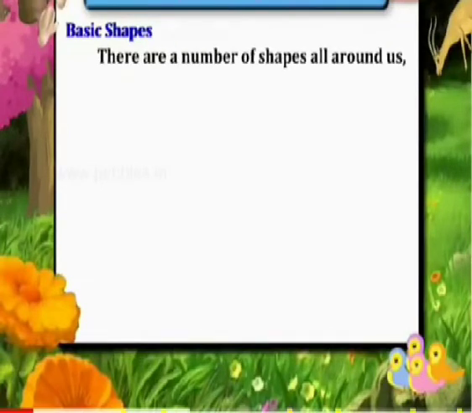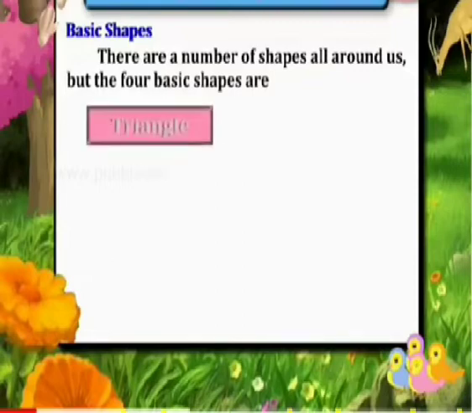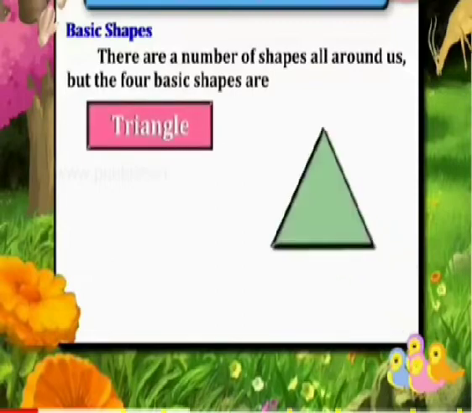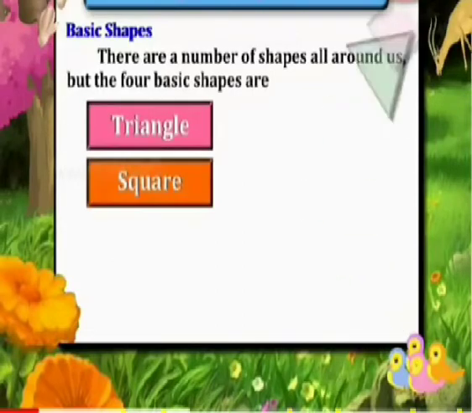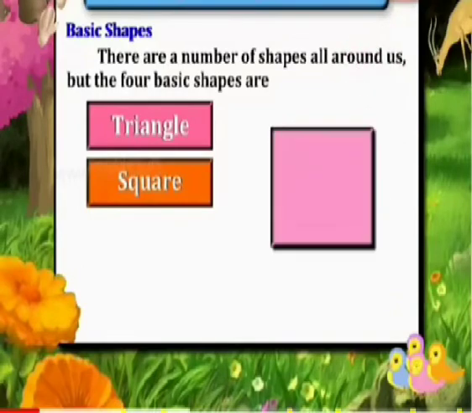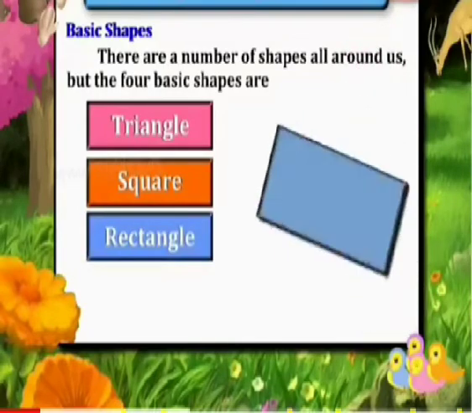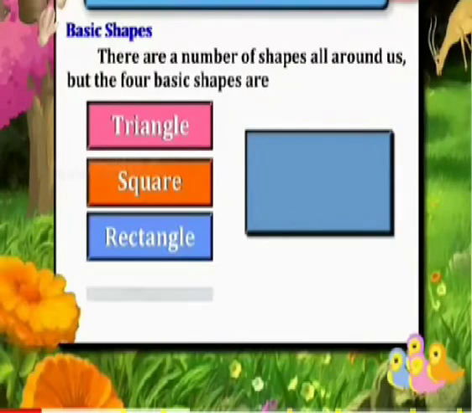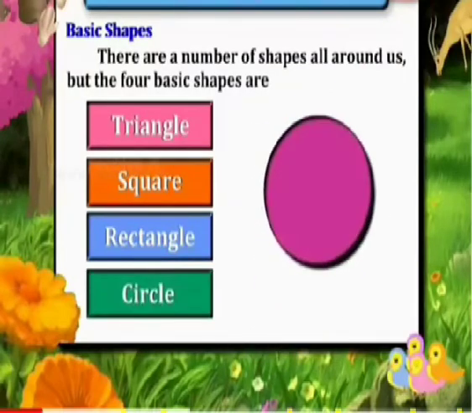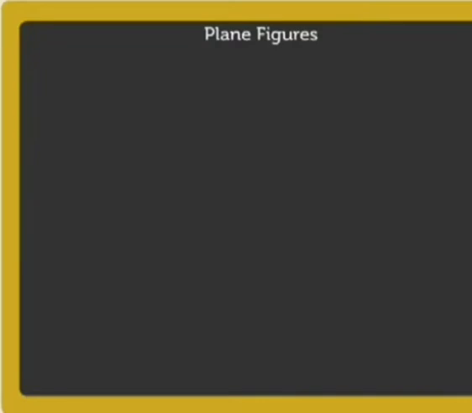Children, as we have seen that there are a number of shapes all around us, but the four basic shapes are triangle, square, rectangle, and circle. Now, let us discuss about these shapes.